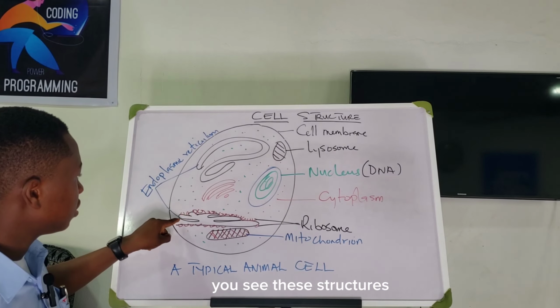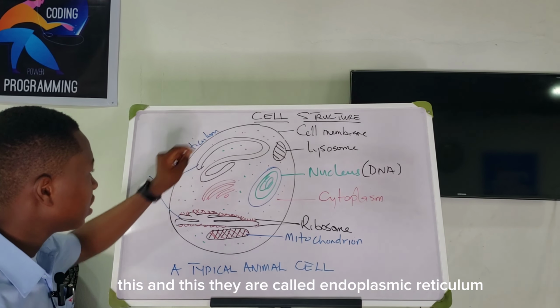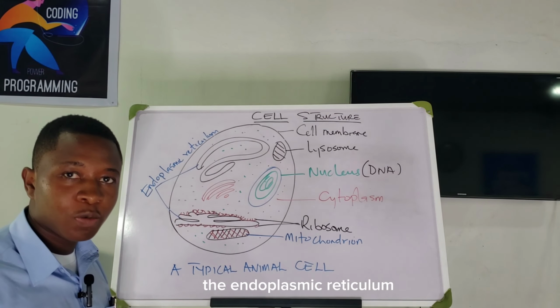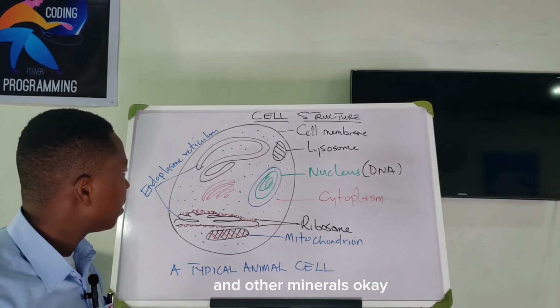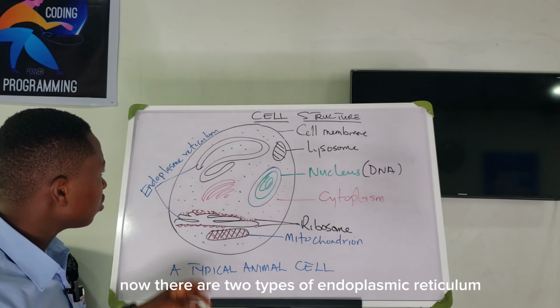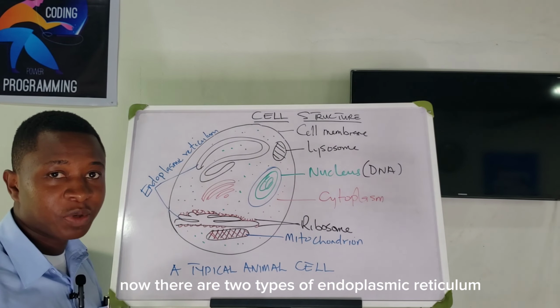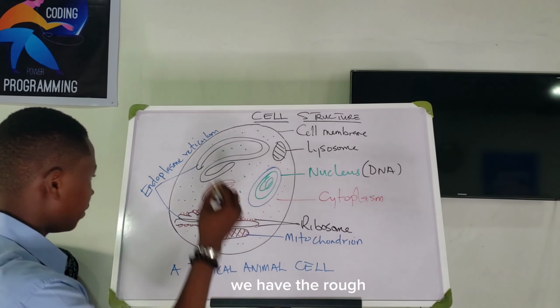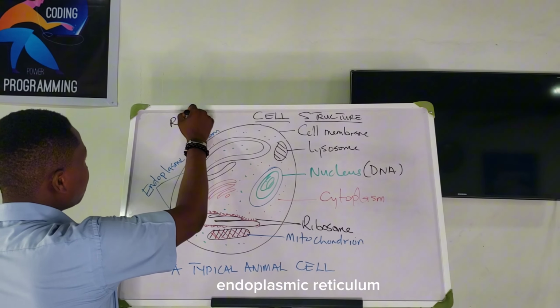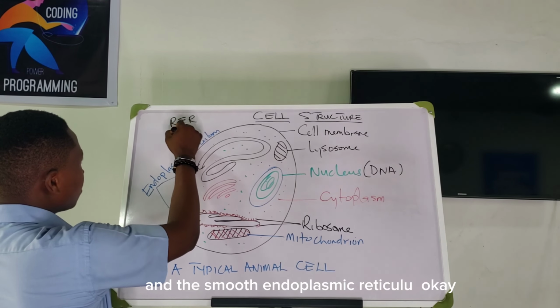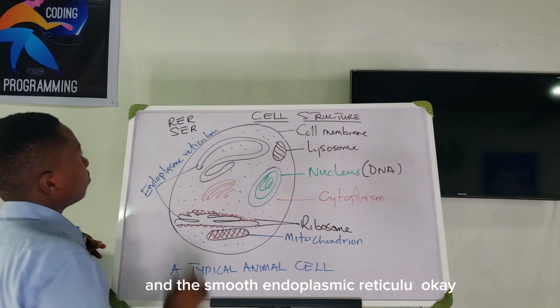Now let us look at these structures here. You see these structures, this and this, they are called the endoplasmic reticulum. It functions in the storage of calcium and other minerals. Now, there are two types of endoplasmic reticulum. We have the rough endoplasmic reticulum and the smooth endoplasmic reticulum.